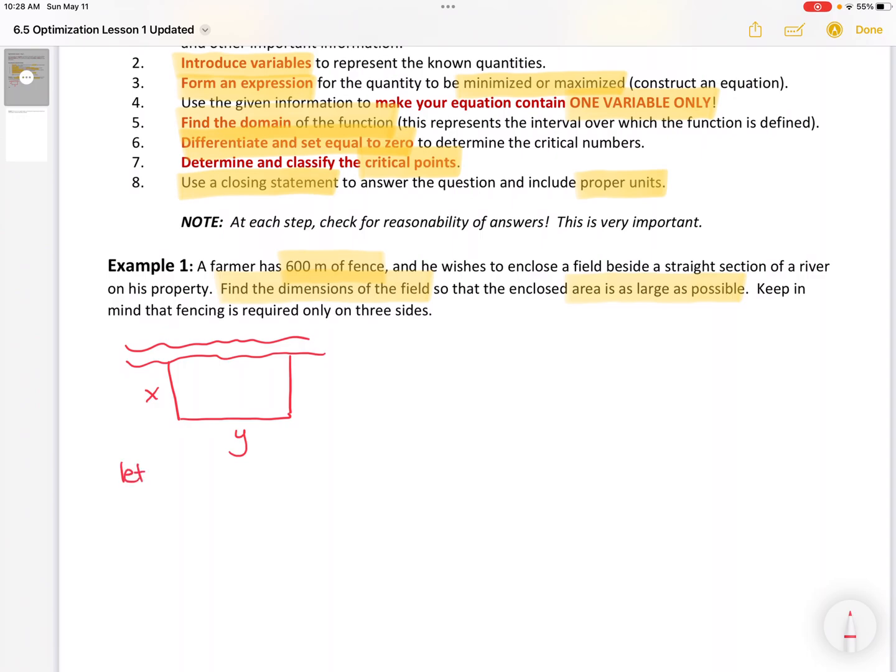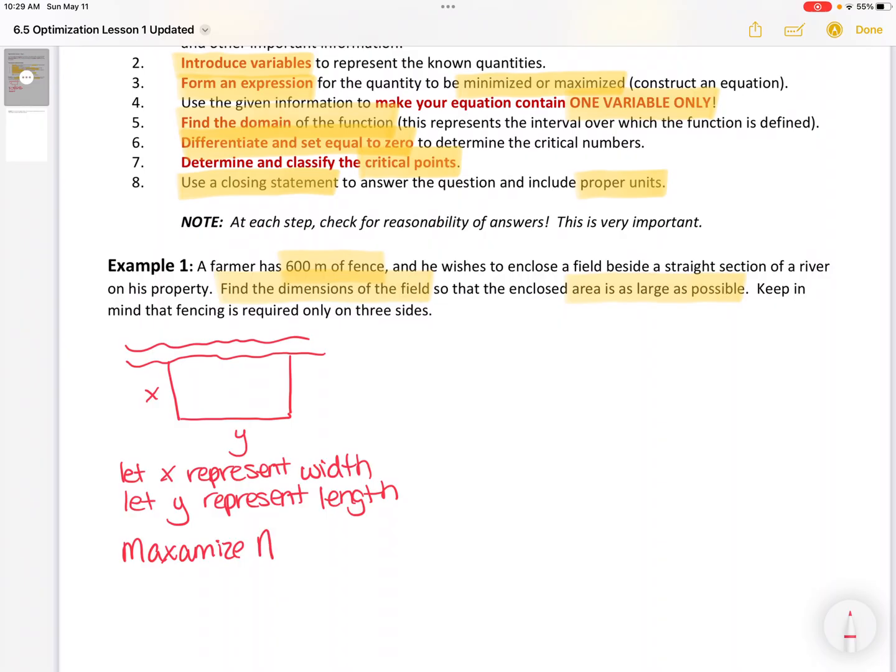So I'm going to let X represent the width, and I'm going to let Y represent the length. Okay, the next thing I'm going to write down is what I'm maximizing. So I want to maximize area.